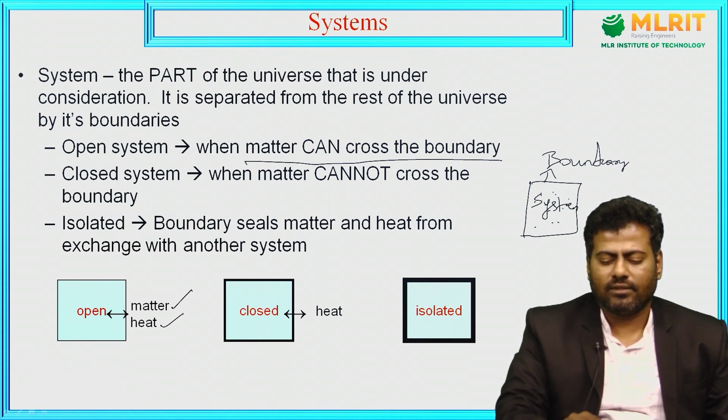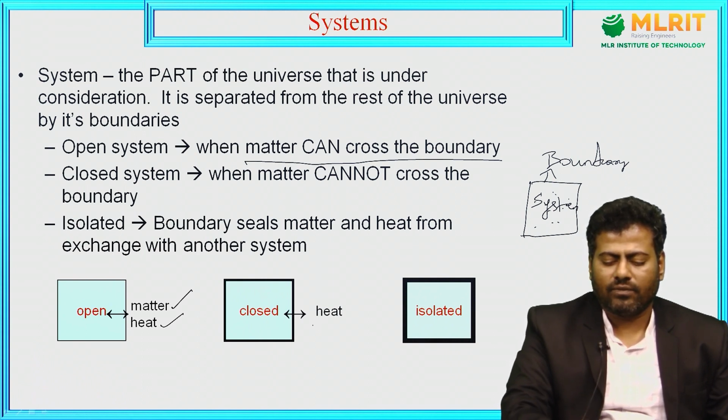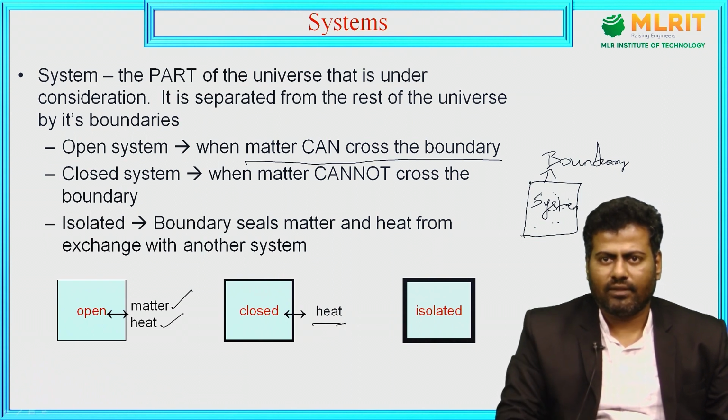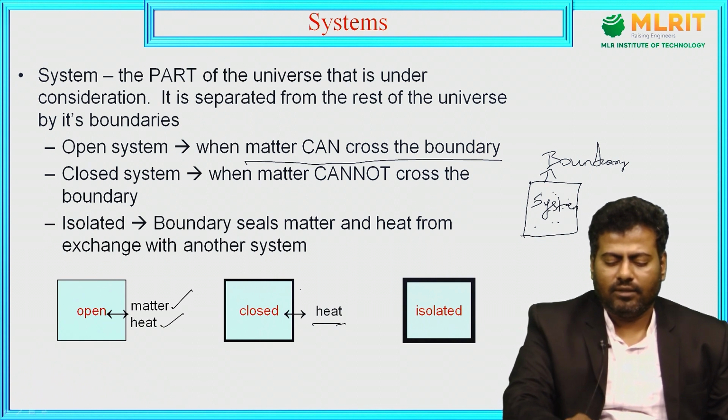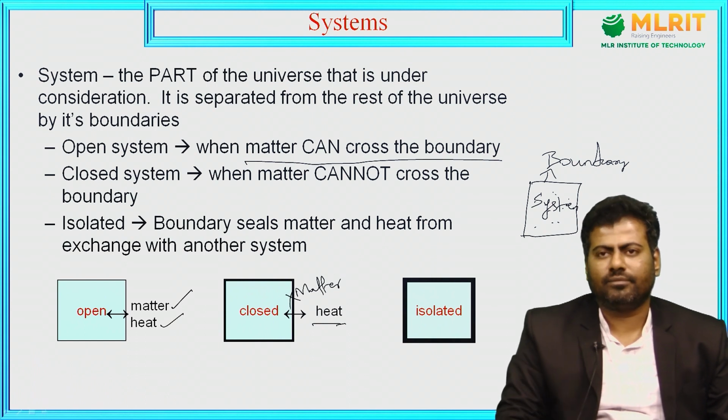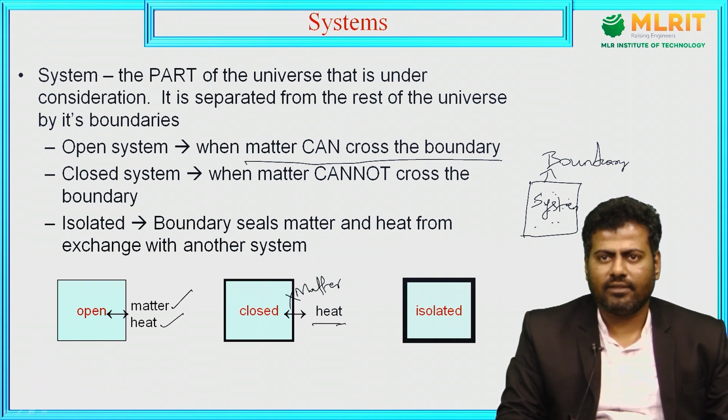In this system I can transfer only energy, in terms of heat. But the matter can't transfer with respect to the closed system, which means the mass of the substance, the certain quantity of matter inside the system, is always constant. Then we call it a closed system.